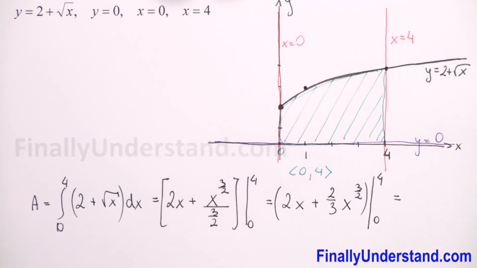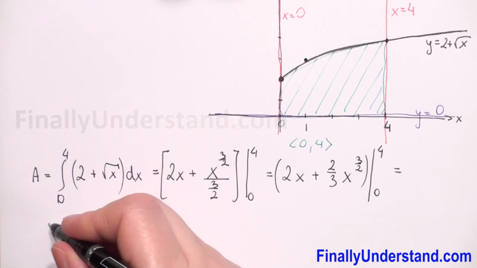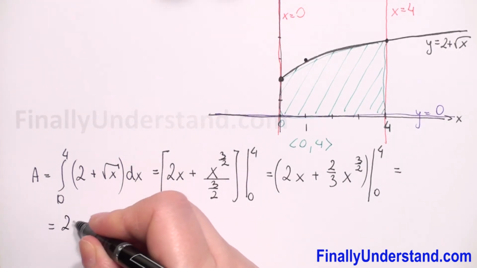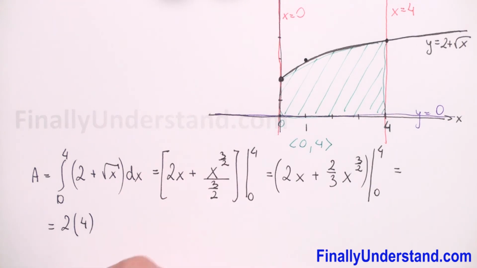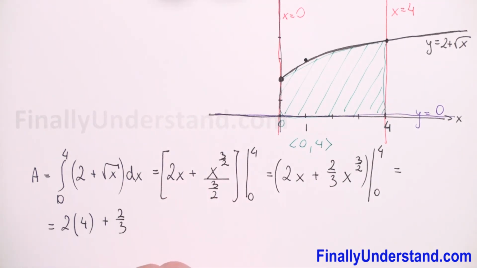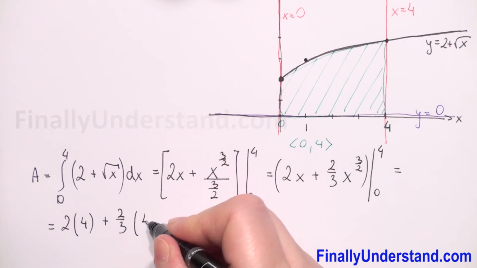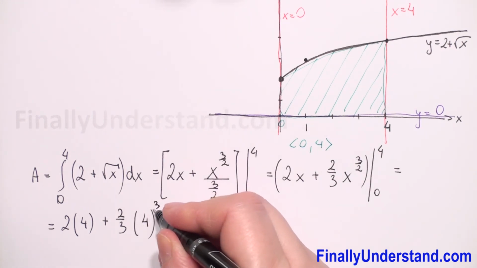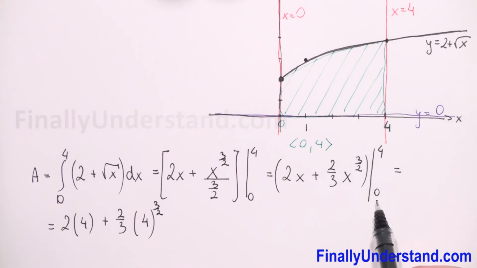First we have to plug in the upper limit. So this is equal to 2 times 4, plus 2 over 3 times 4 to the power 3 over 2. And next we have to plug in the lower limit, 0.